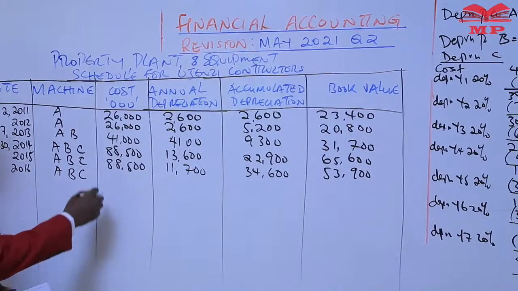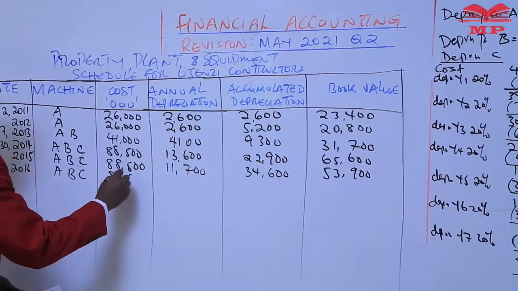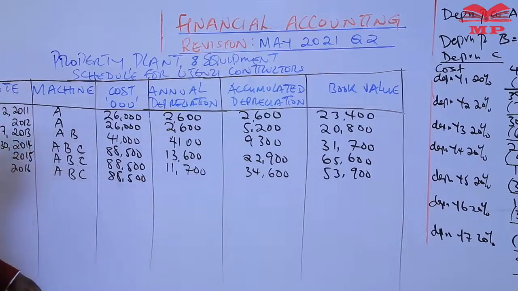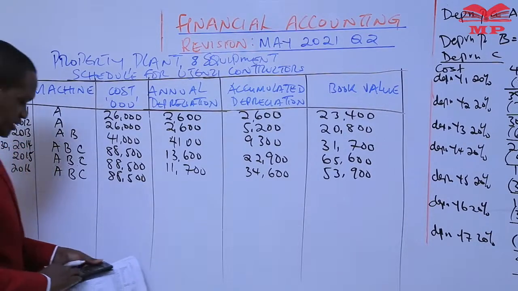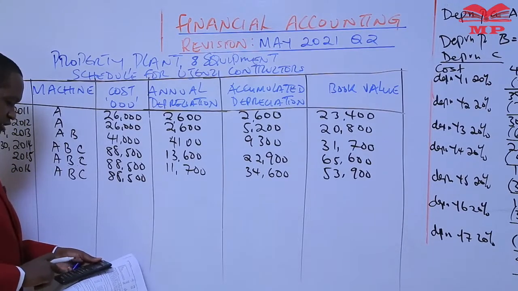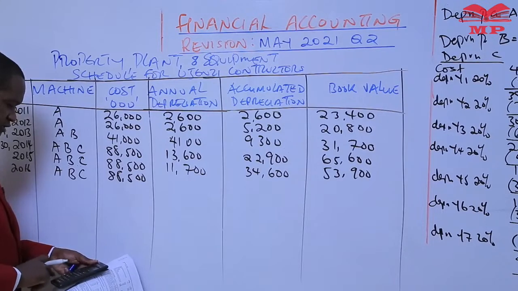The accumulated cost is still 88,500. Annual depreciation for machine A is 2,600. Annual depreciation for machine B, 1,500.